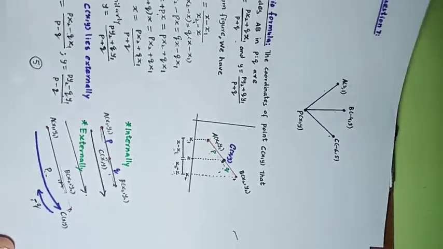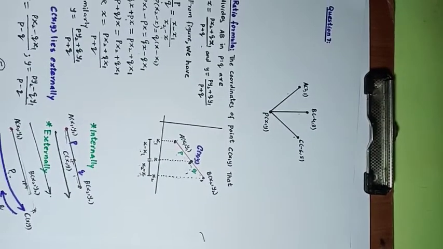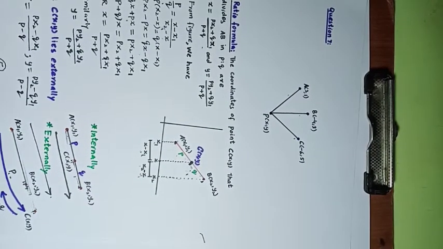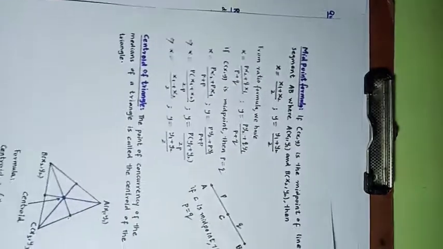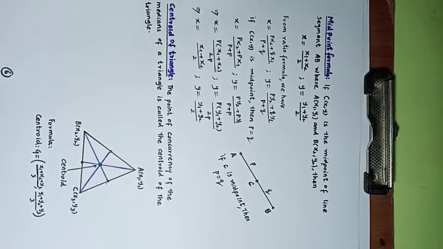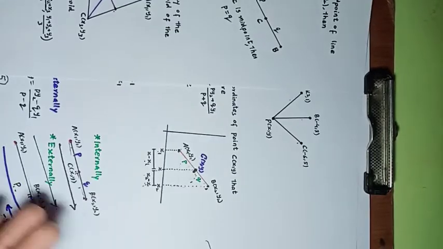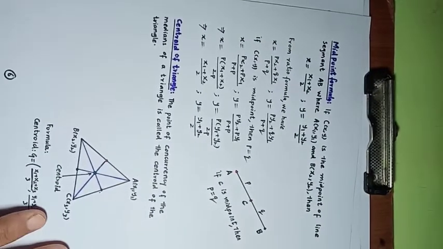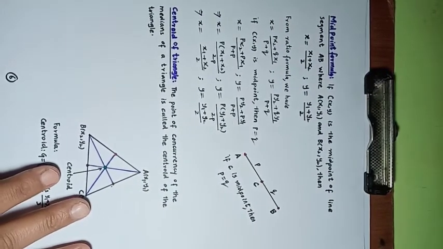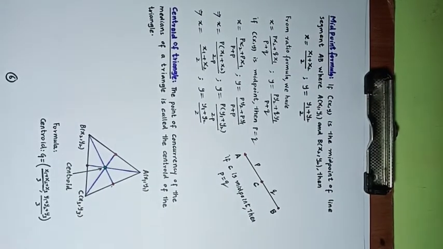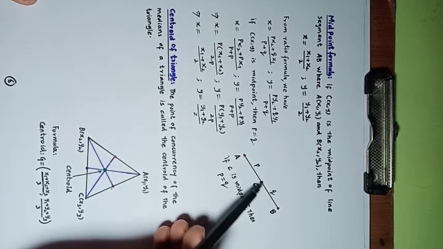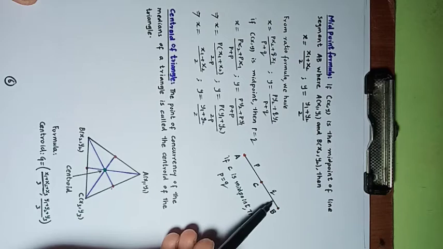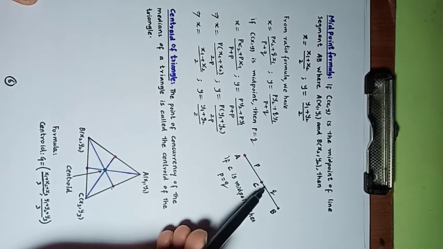This is the ratio formula. Dear students, the point C which we have discussed, either externally or internally, if this point C is lying in the middle of line segment AB, in this case C is dividing AB into equal parts.